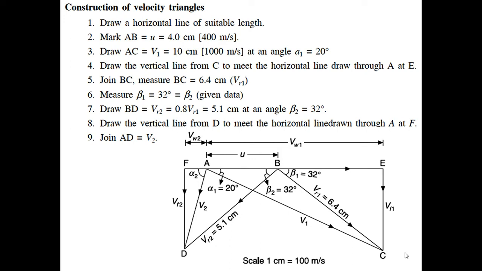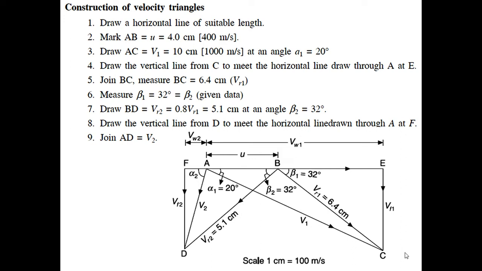Alpha 1, we are not changing the scale of angles, so the angle is 20 degrees as it is. So from A, you draw the V1 line of 10 centimeter at 20 degree angle and get point C on the bottom side or on the top side. Both are the same. This step is clear.